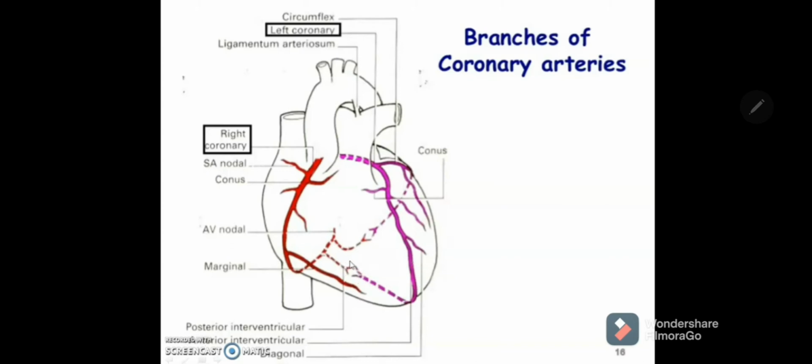Here you can see the left anterior descending joins with the posterior interventricular branch of the right coronary artery in the posterior AV groove, that is the circumflex branch. The arrow is showing. It gives a marginal branch, atrial branch, ventricular branch, and supplies the SA node in 40% of cases, AV node in 20% of cases.